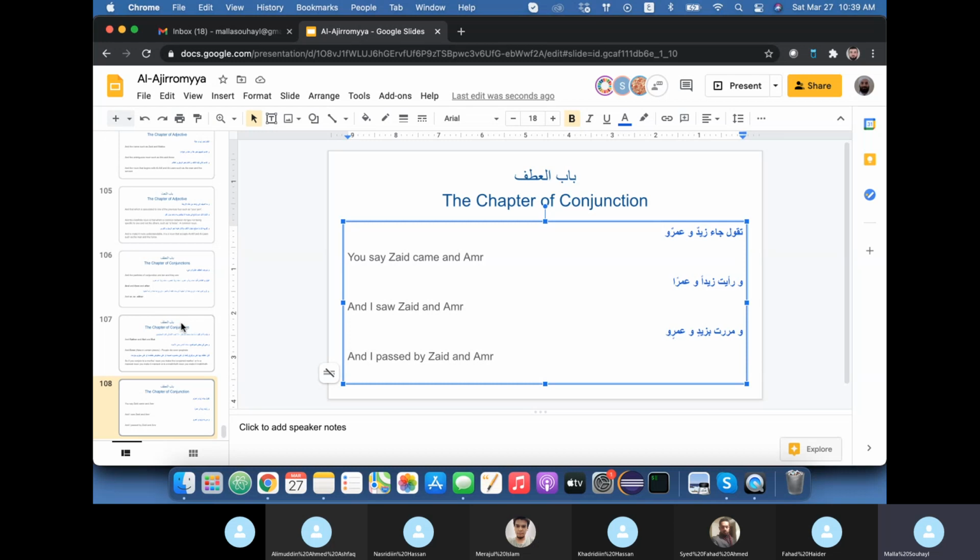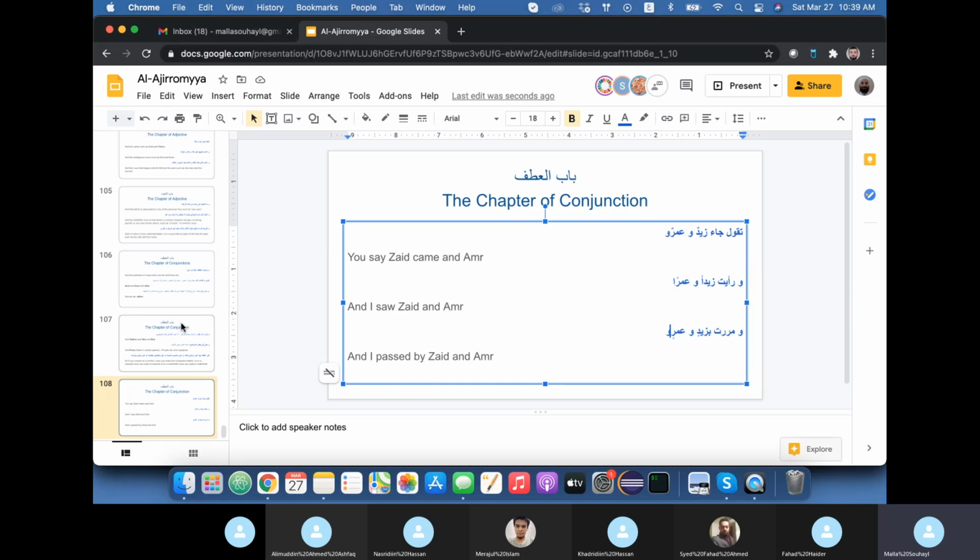The first type is the adjective, as we discussed. The second type is the conjunction, which we also discussed, and then there is the emphasis, which we will discuss, and then there's the replacement, which we'll also discuss.